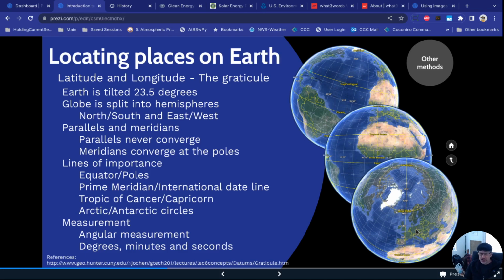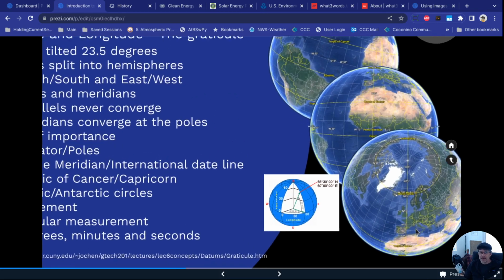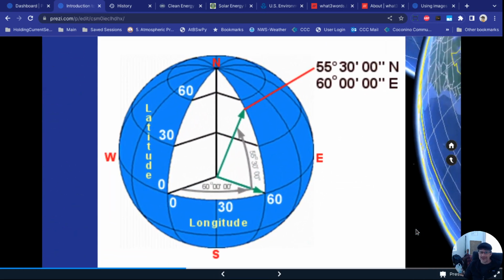The measurements that we use for latitude and longitude are angular measurements. They are typically referenced in degrees, minutes, and seconds, as this chart would show. So from some point of 0 latitude, 0 longitude, we can get an angular measurement from the theoretical center of the Earth out to a point on that position north or south of the equator, or east or west of the prime meridian.